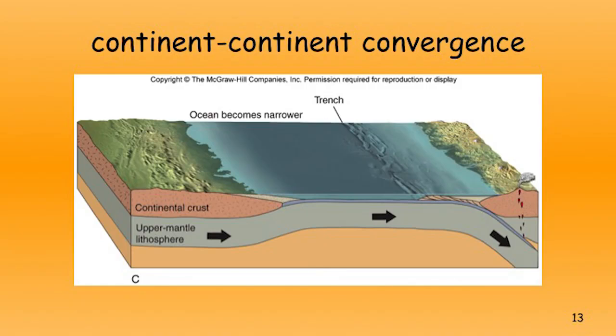So if we look at this illustration, which is the same illustration as the other convergent boundaries, but now it's figure C, you see on the left you have a plate with all the black arrows. So let's say this is plate 1. And then on the right you have a plate. Plate 2 is a very small portion of this illustration. The plate on the left, plate 1, has a continent on the far left, but it has oceanic crust.